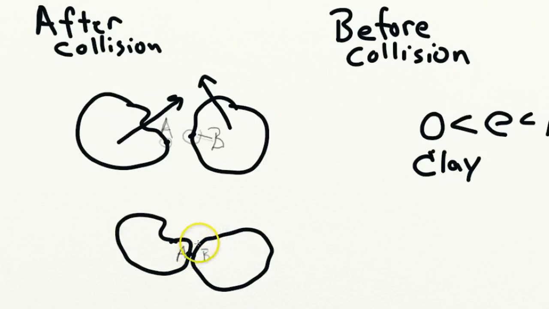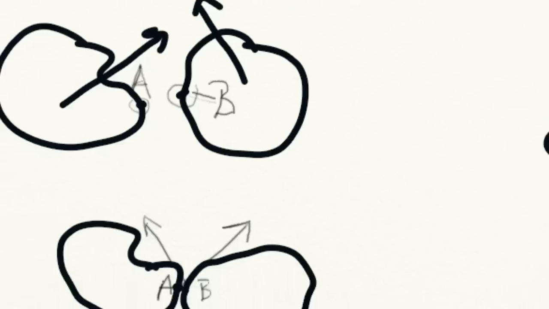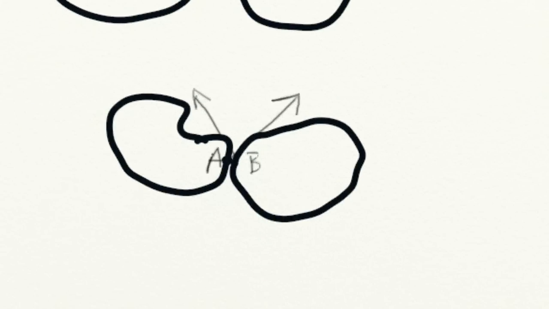We have a velocity for A that looks something like this. It's going up in this direction, and B is going in this direction before they collide. And let me zoom in here so I can draw this in more detail. And what we need to do is consider the normal components of the velocity for A and B.